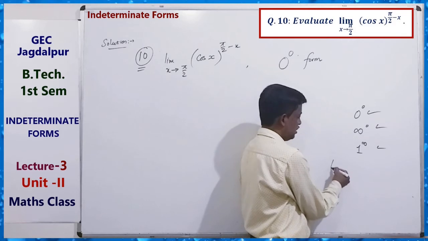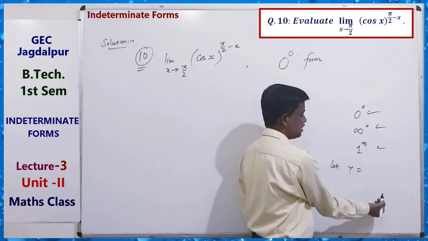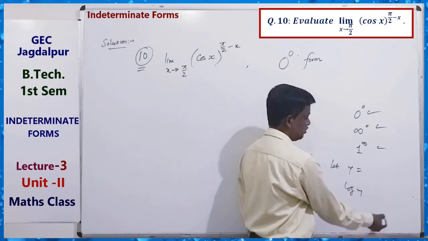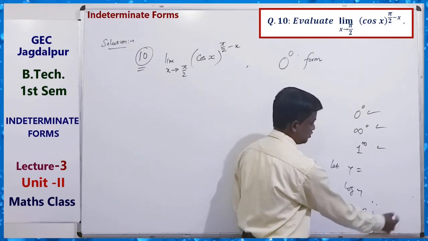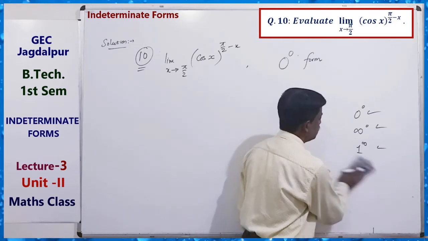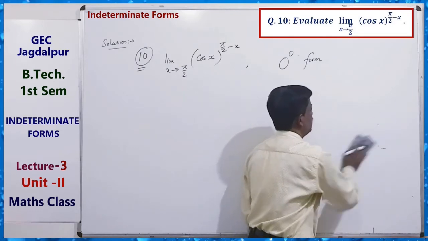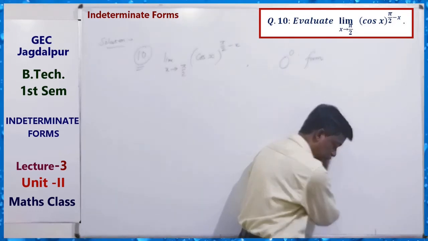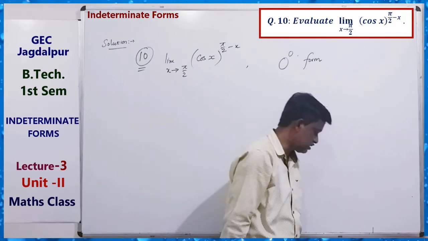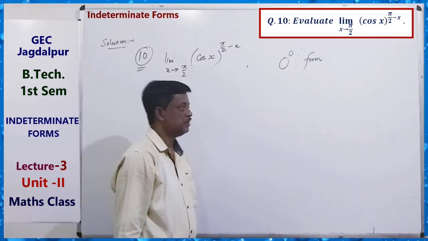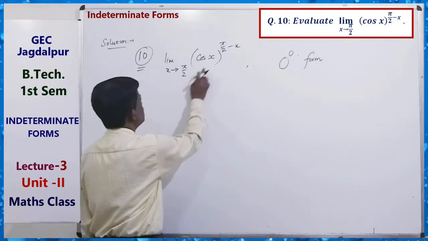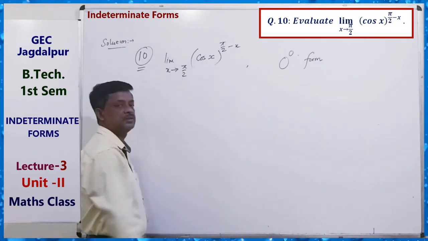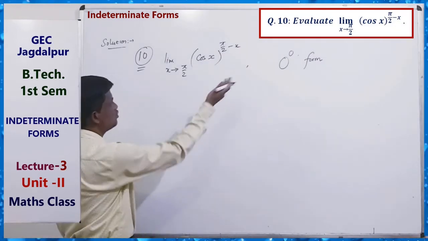Let us suppose the limit is y. Then find the value of log y, the limit, and then y equals e to the power of that limit. So here the 0 to the power 0 form is this, because cos 90 is 0 and pi by 2 minus x is 0.